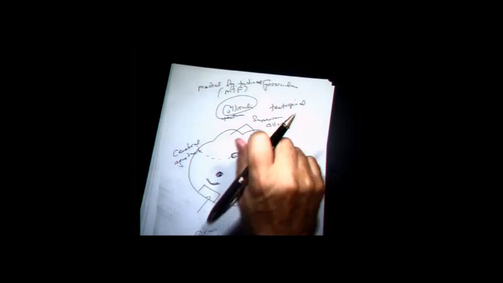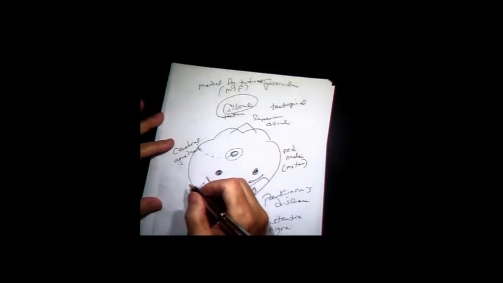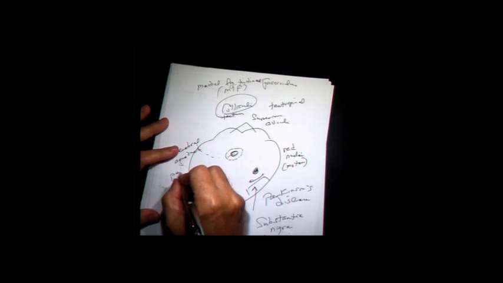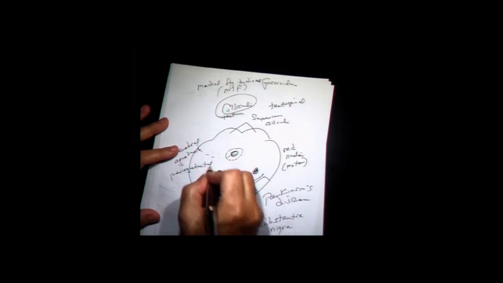Now, around the cerebral aqueduct is an area of gray matter. We define gray matter. What is gray matter? Dendrites and so on. And then the neurons, the axons, make up white matter. So there's gray matter around the cerebral aqueduct called periaqueductal gray.